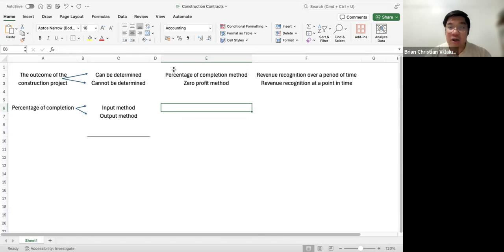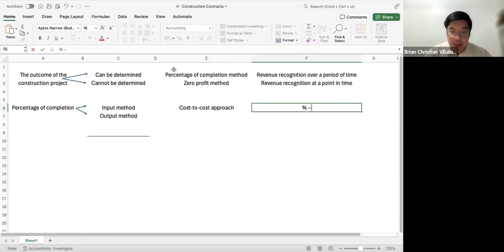So under the input method, the manner of computing the percentage of completion is the cost-to-cost approach. So your percentage will be based on cost.